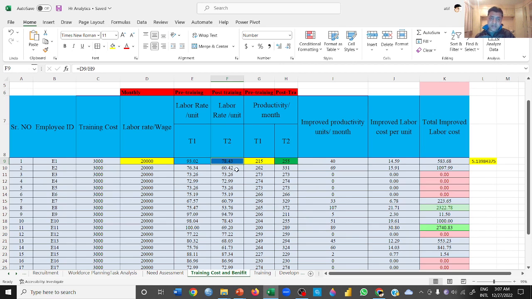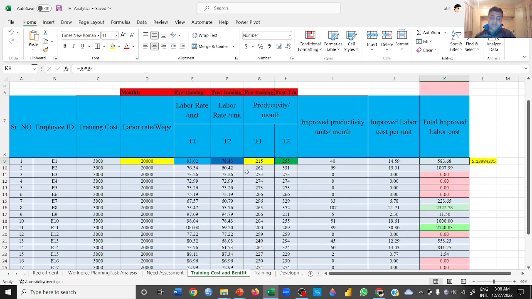Now it is 78.43. The per unit labor cost was 93, and now it has reduced to 78.43. So how much are we saving? We have started saving 14.59 rupees per unit. This additionally gives us 583 rupees of saving, or the total improved labor cost per person.